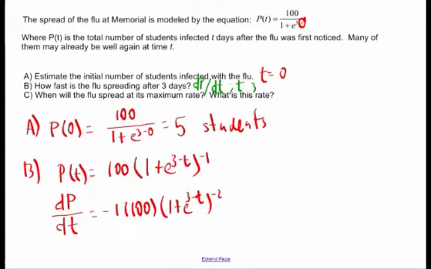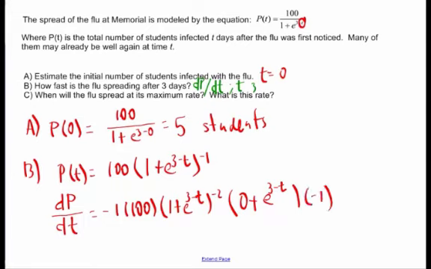Okay? So when I take the derivative on the inside, that's going to be 0 plus e to the 3 minus t times the derivative of the 3 minus t part, which is -1.